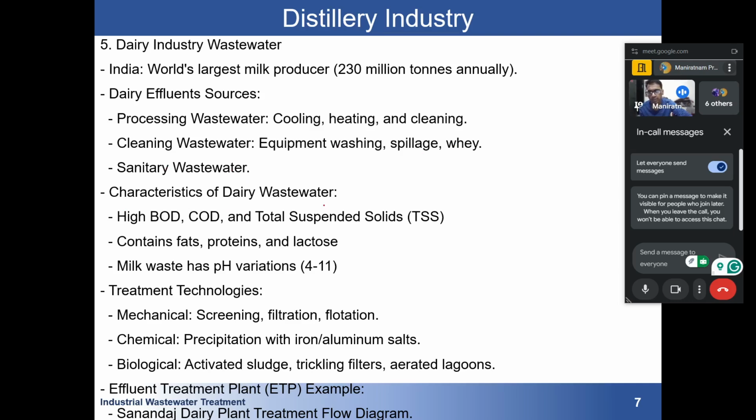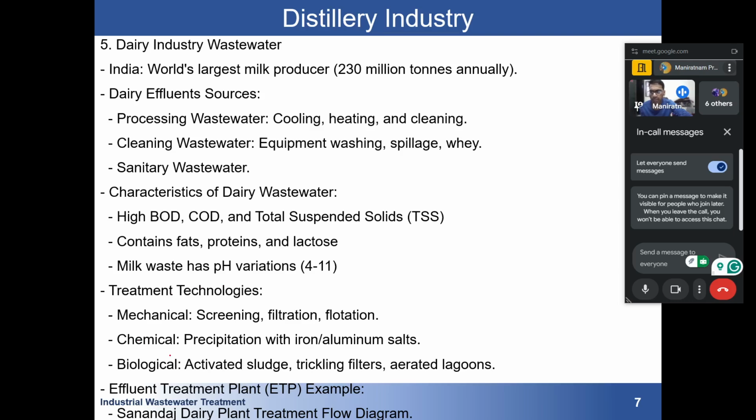Dairy wastewater has high chemical oxygen demand and biochemical oxygen demand, and total suspended solids are also very high. It contains fats and proteins, as milk does. Milk waste pH varies between 4 to 7, a huge range.